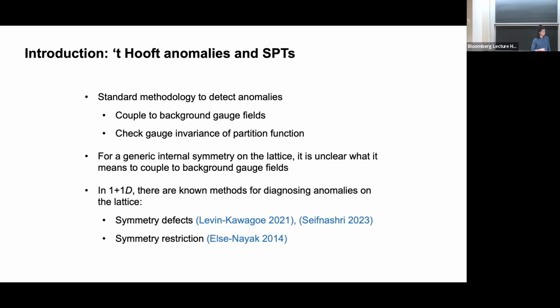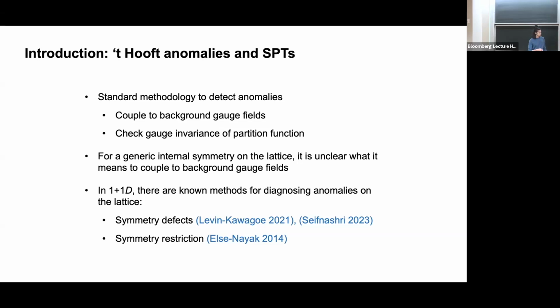diagnosing anomalies. This problem has been well studied in the case of 1+1 dimensional systems, and there are a couple of well-known methods for diagnosing anomalies in 1+1d. In particular, there's a method which examines the structure of symmetry defects in the system.